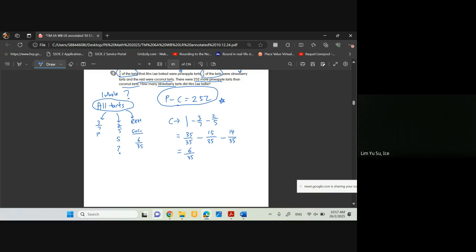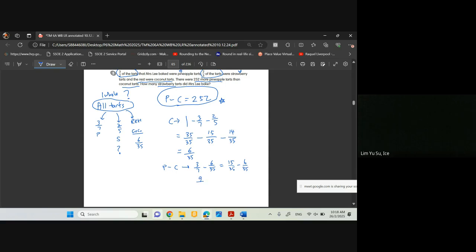So that's quite okay. Okay, so you have pineapple minus coconut. That will be pineapple is 3 out of 7 minus coconut, that is 6 out of 35. So just now we already figured out that is 15 out of 35 minus 6 out of 35. So it's how many? 9 out of 35.